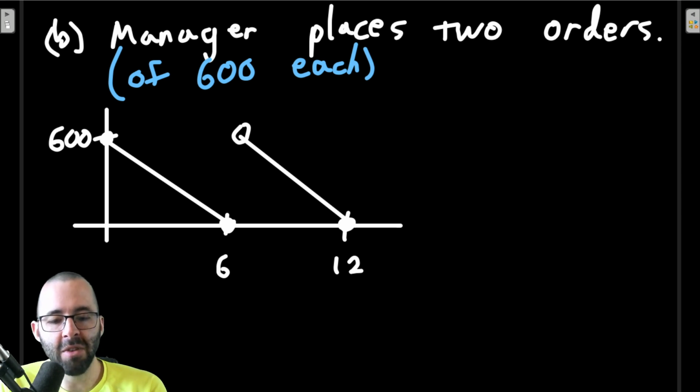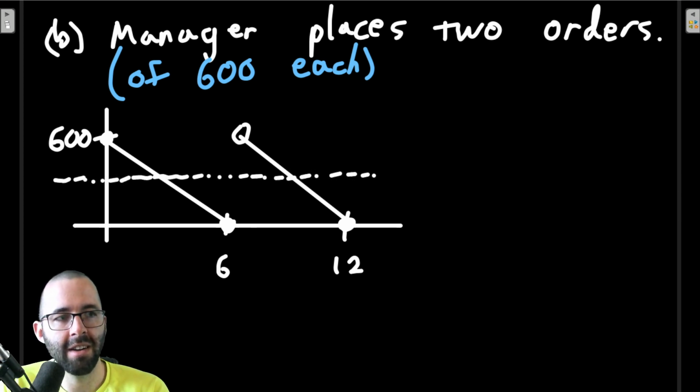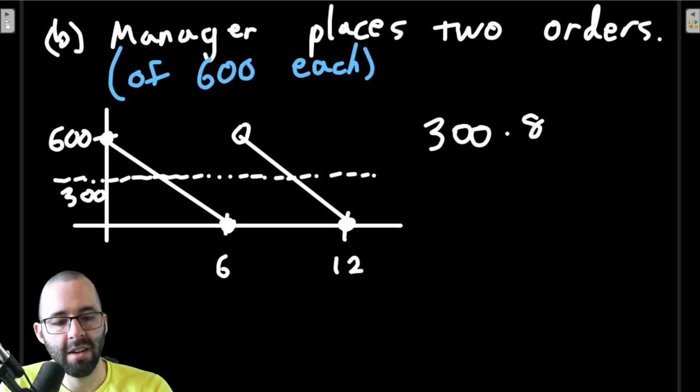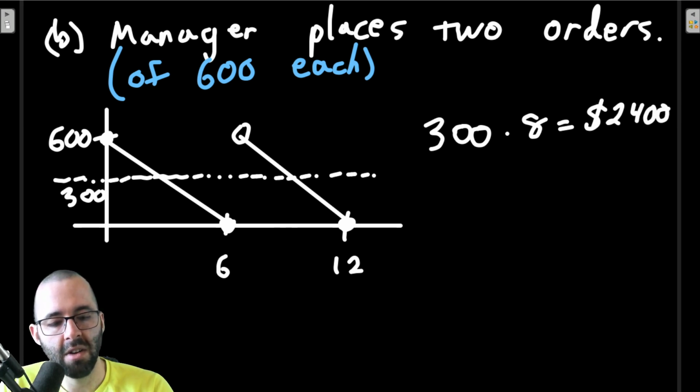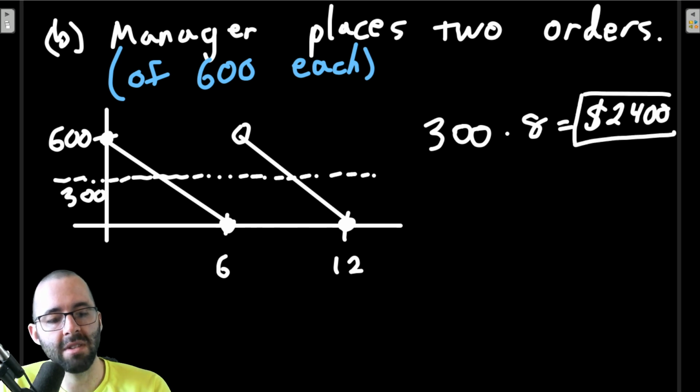What's the average number of cases of orange juice that we have? And again, it's just going to be half of what we're ordering. It's going to be 300. So now we average 300. So if we order twice, we actually only have to spend half the amount from if we order once.